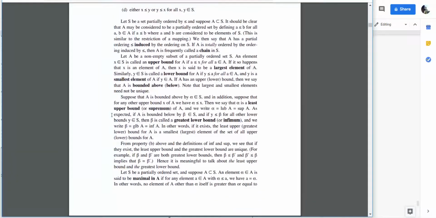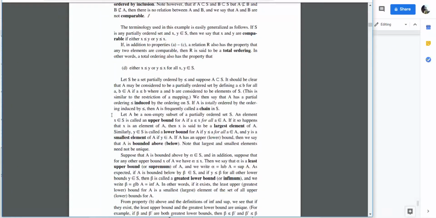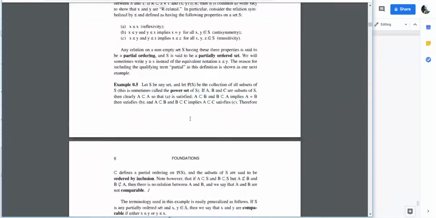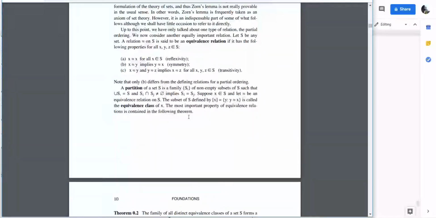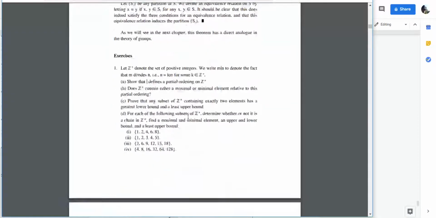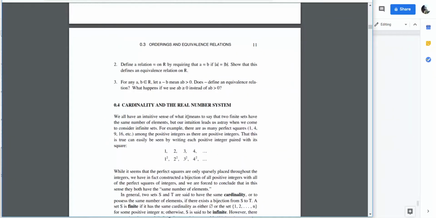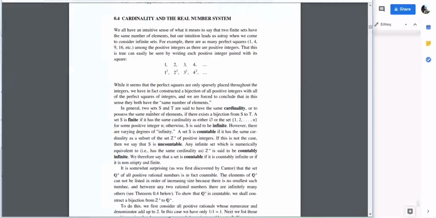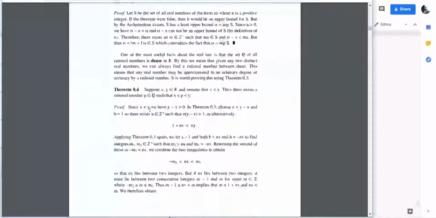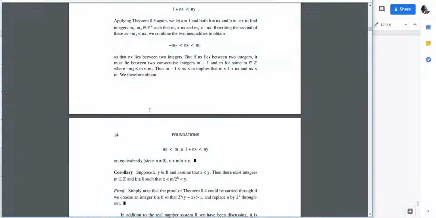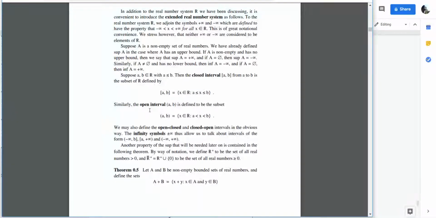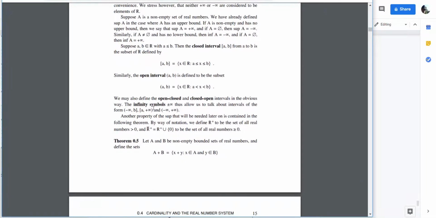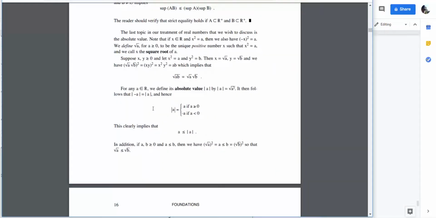Right, so I'm not sure how important this is, but just skip through it. I'm not really sure why the book is... cardinality and the real number system. Yeah. Open interval, closed, we've covered those.